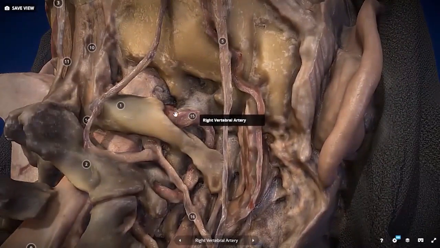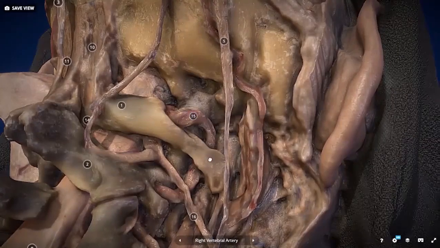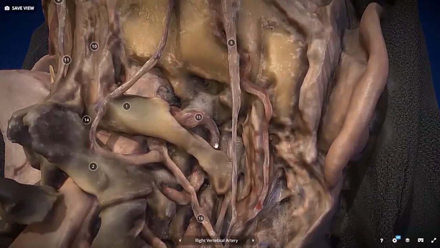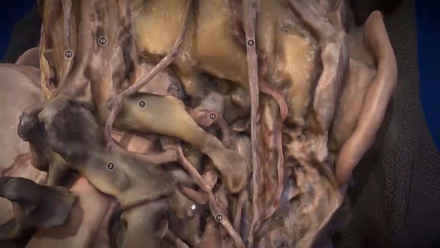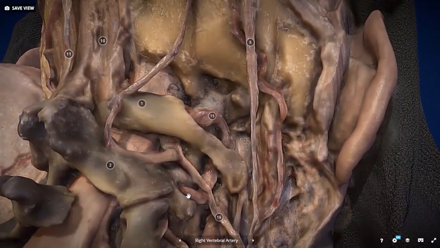From the other side, we can identify the right vertebral artery. Again, V3 segment with a horizontal portion and a more vertical portion that is going to be coming out of the transverse foramen of C2 and entering the transverse foramen of C1.